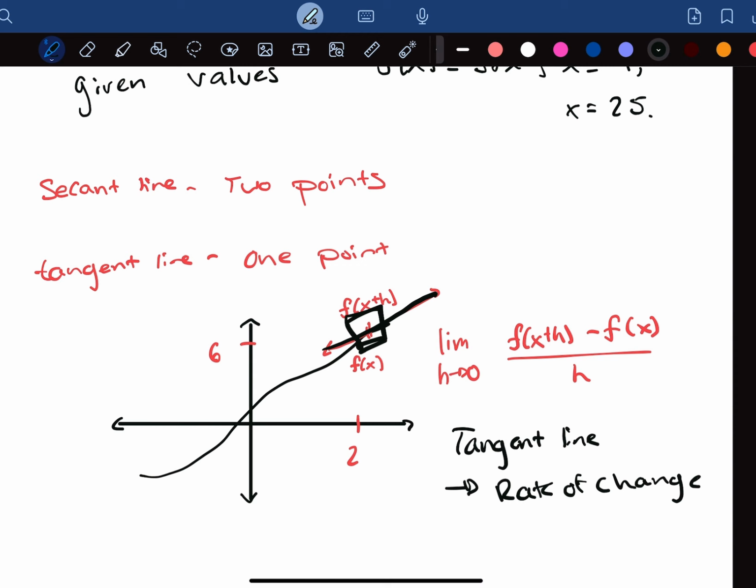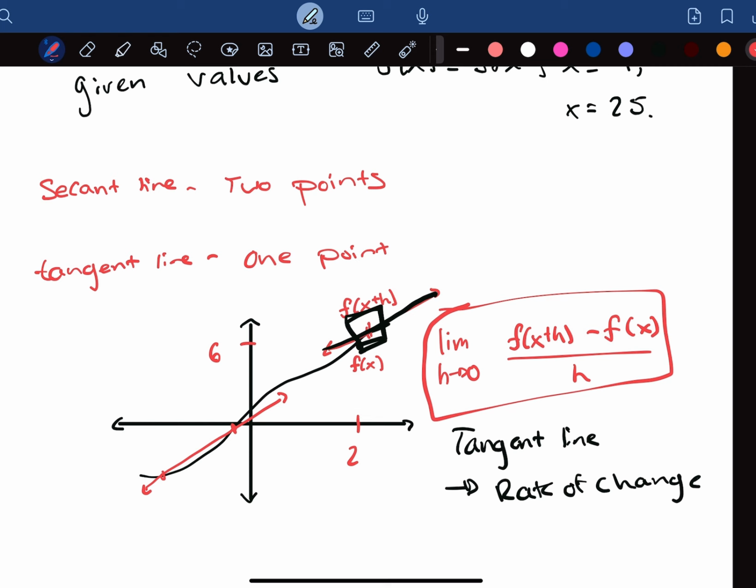But when we're looking at a secant line, we would be looking at a line that goes from 1 point to another, so it touches at 2 points on your graph. We don't need to use this equation here because we have 2 points that we're able to work with.